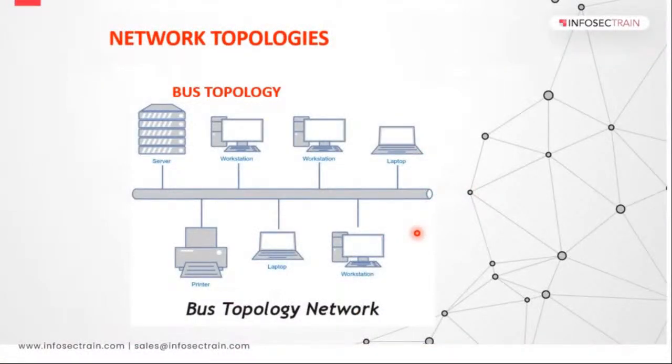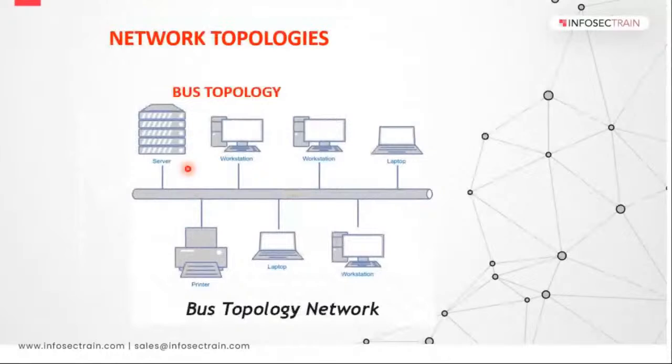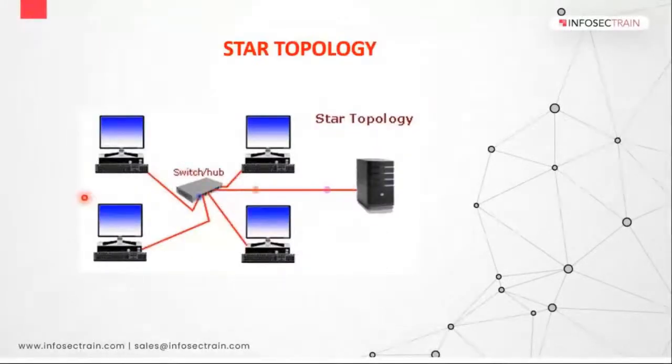Now next thing that we have is star topology. So in star topology, as you can see, there is a switch or hub in between. So there is a centralized device in between in the star topology, and it is taking care of that. Because in your bus topology, if the server is sending the data here, right?